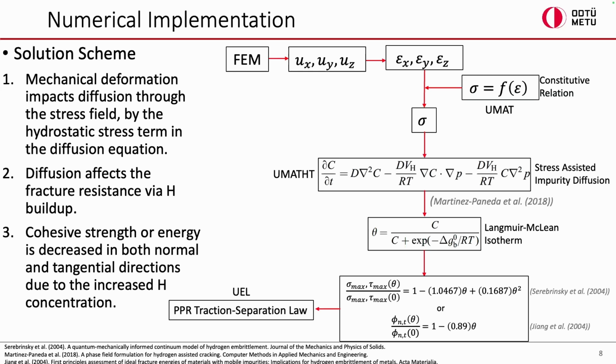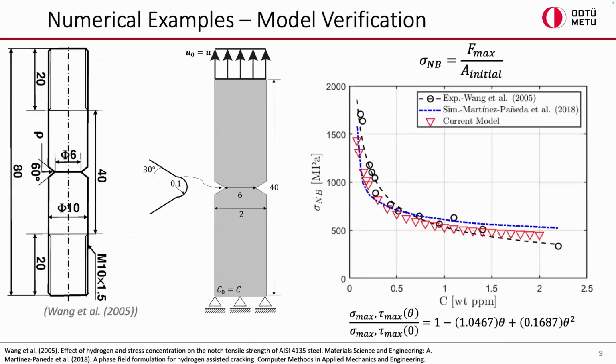And we calculate the hydrogen surface coverage and correlate the cohesive strength or cohesive energy with the hydrogen surface coverage, such that the traction separation law inputs can be degraded based on the hydrogen concentration values.